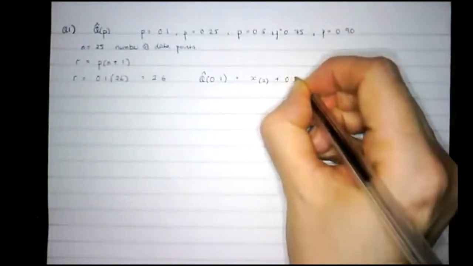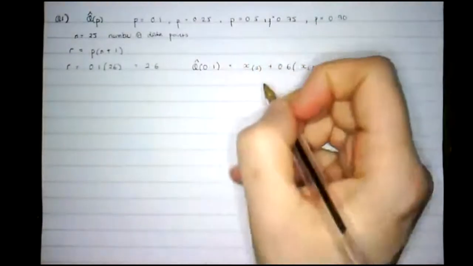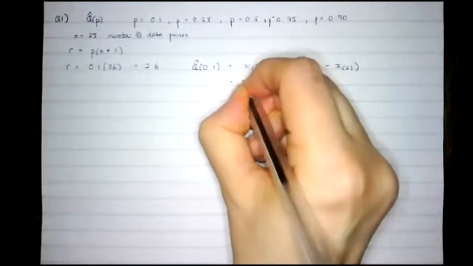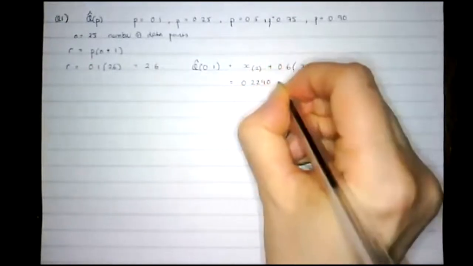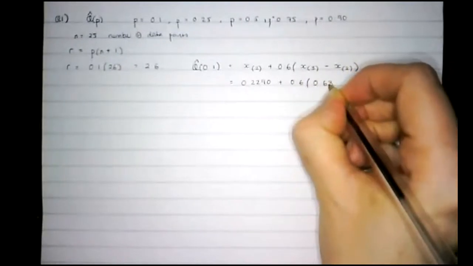So we're going to have 0.6 times X, the third element in the ordered sample, minus the second element in the ordered sample. So if you take a look at the data points we were given, what you will see is that the second element that we were given was 0.2290, and the third point was 0.6390.